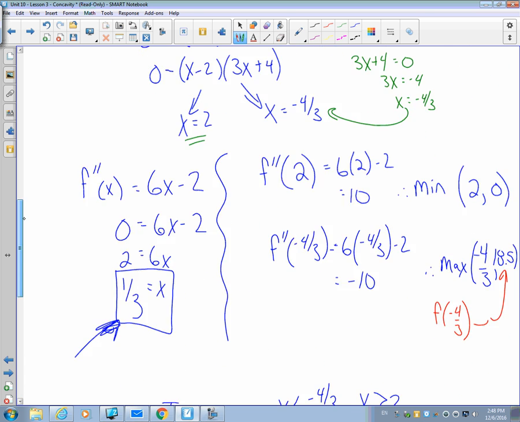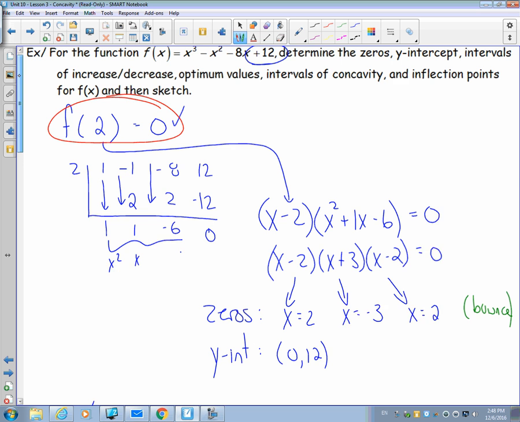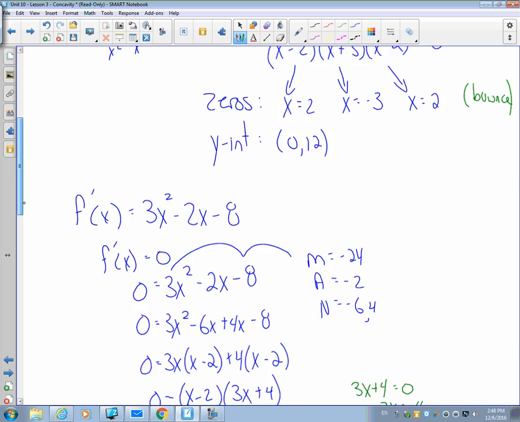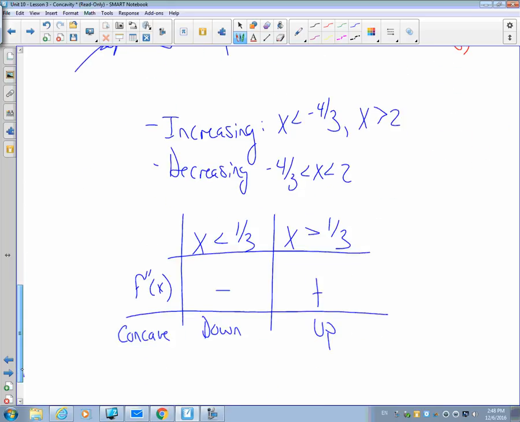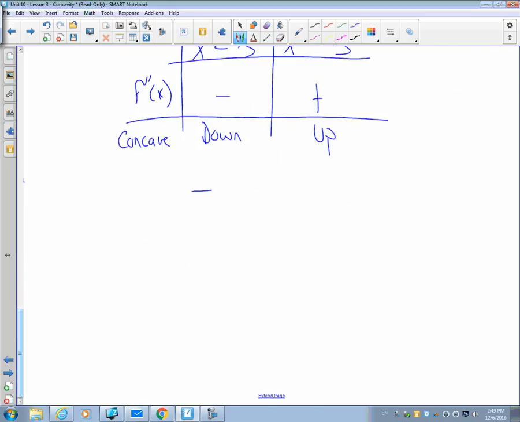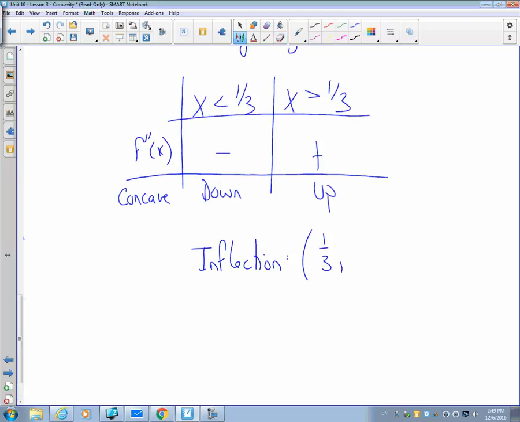What else were they asking us to do? They asked us for inflection points. Oh, okay, inflection points. So what do we got? Where do inflection points happen? They happen at the critical points of our second derivative. So we got an inflection at 1/3, because it's this piece right here, right?